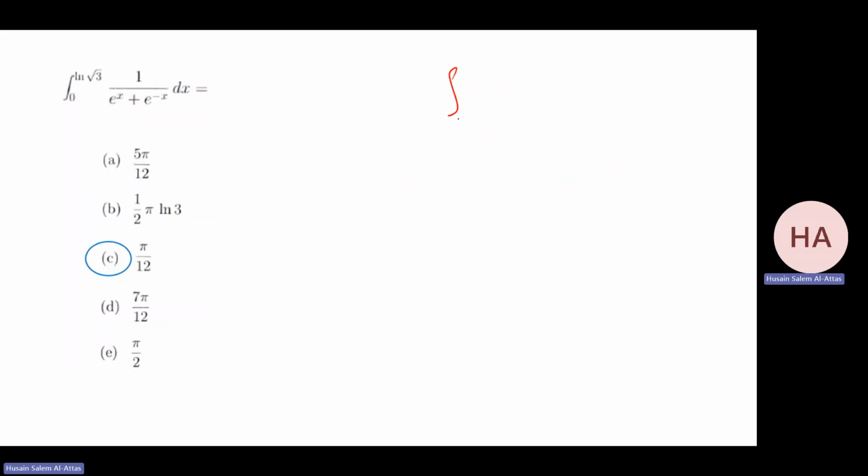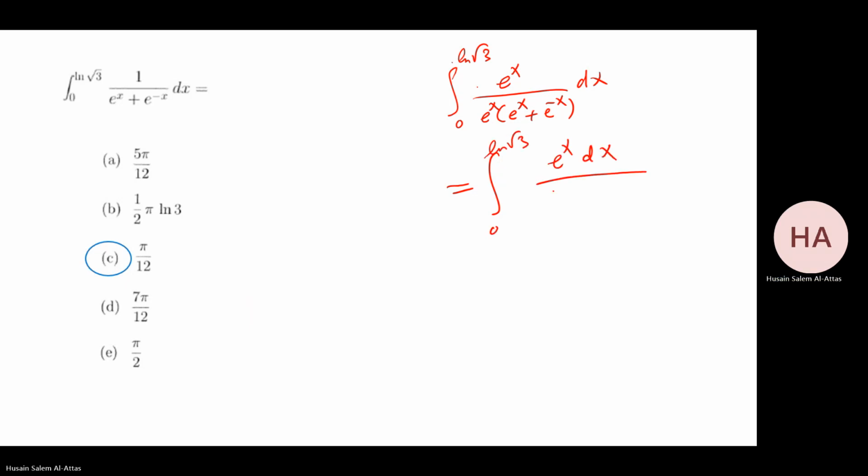We'll do the usual trick. I multiply by e to the x in the numerator and in the denominator. See what will happen. I'm getting e to the x dx over e to the 2x plus 1. Okay, now I let u equal e to the power x, du will be e to the power x dx.